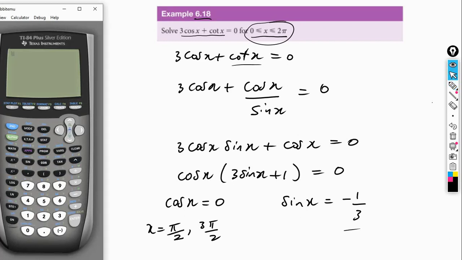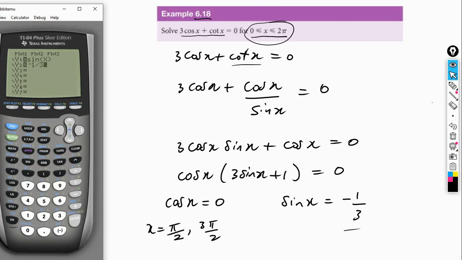So first we go to y equals, and we plug in sine of x and minus 1/3. But then again, before graphing this, we want to make sure that we have the right window. So what would be a good domain for this one?